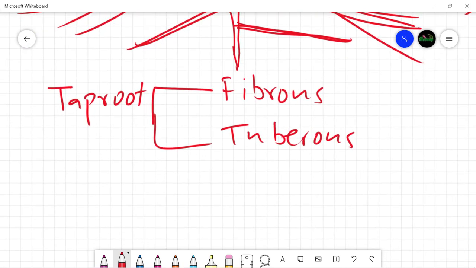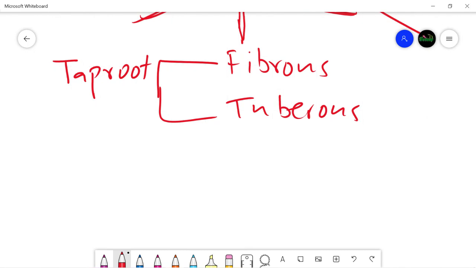The first kind, fibrous, as its name indicates, fibrous means root which is quite thin. However, this term fibrous is mostly used in case of adventitious roots and not for the taproot.